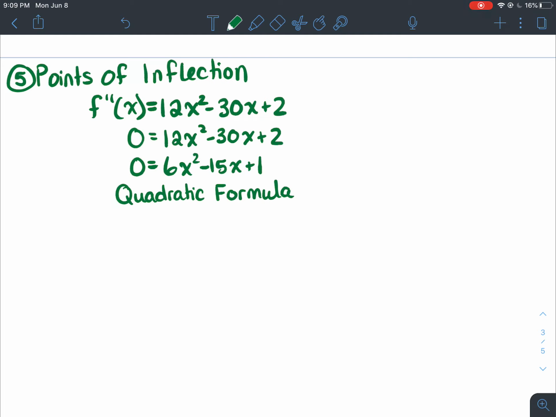Now, here's where we would get hung up. If this was a cubic or something and we couldn't factor it, I'm not going to give you ones like that because we don't have a solution option at that point.